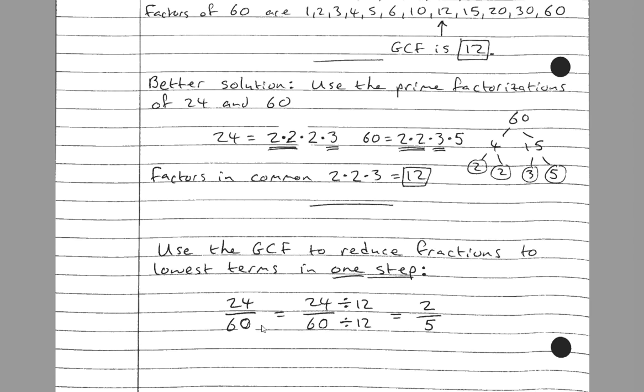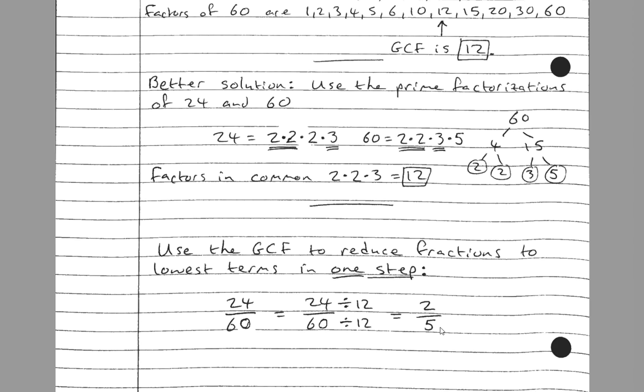We can cancel that greatest common factor, so divide the top by 12, we get 2. Divide the bottom by 12, we get 5. So here's the equivalent fraction reduced. If you use the greatest common factor, then you reduce it to lowest terms.